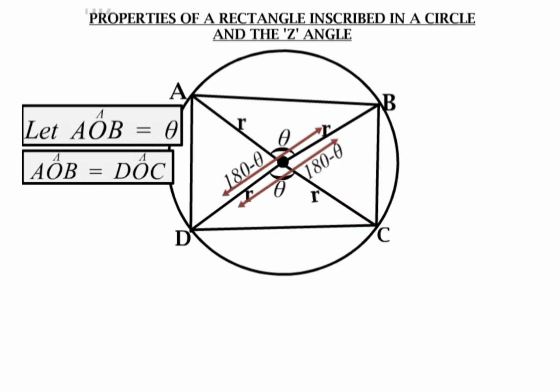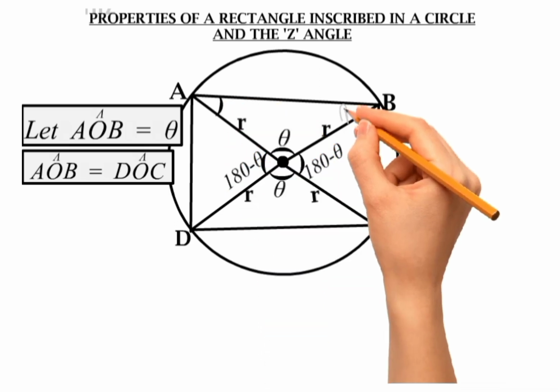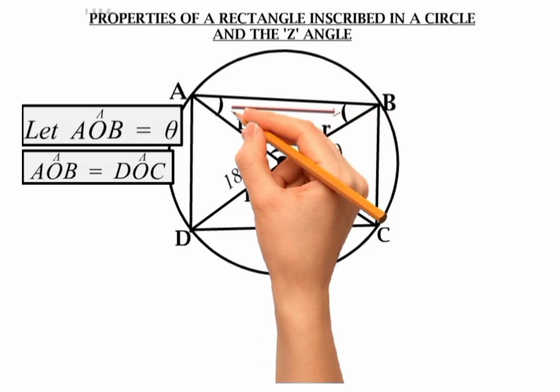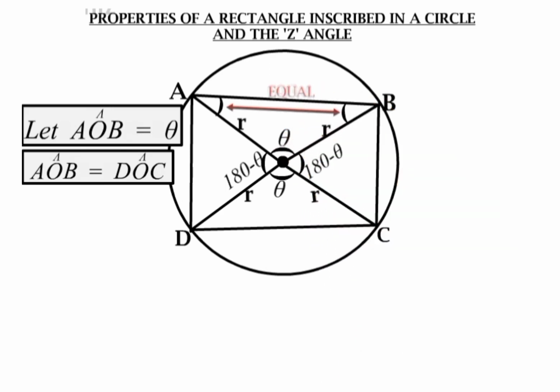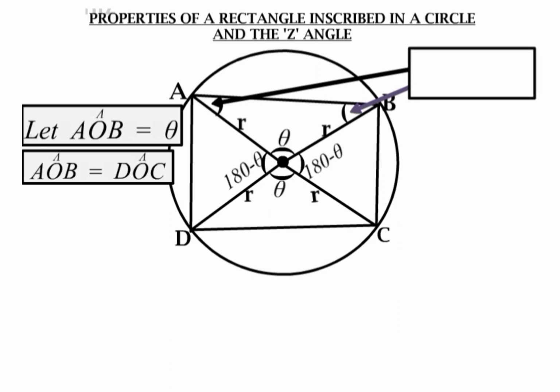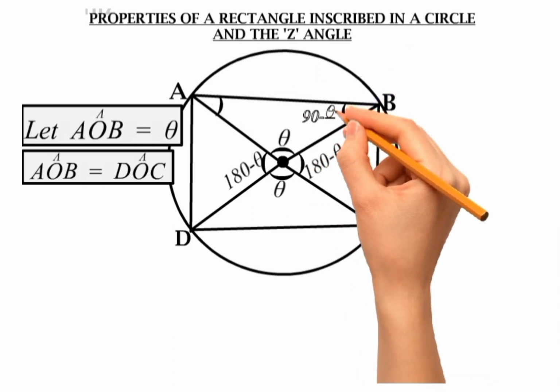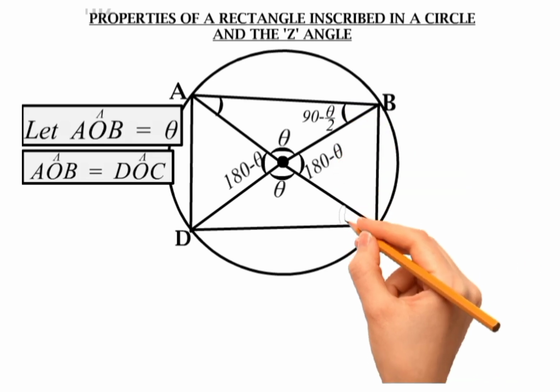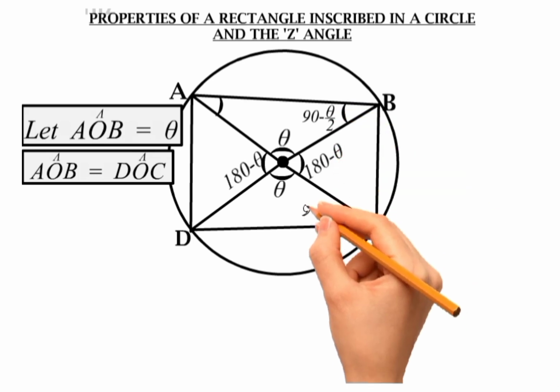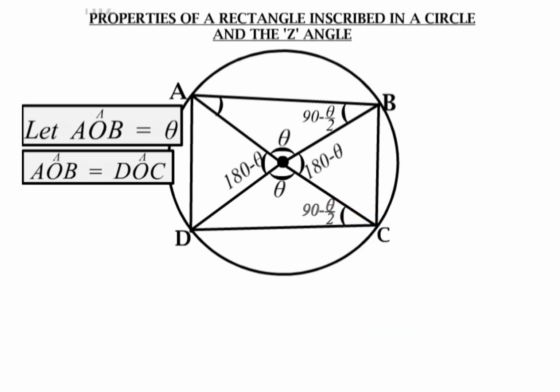Triangle AOB is an isosceles triangle, therefore, we derive the base angles by taking 180 minus theta over 2. The same value befalls the other equal angles, which were stated earlier.